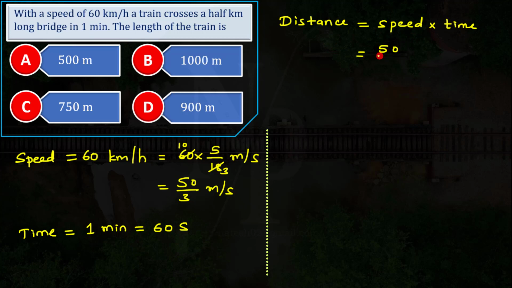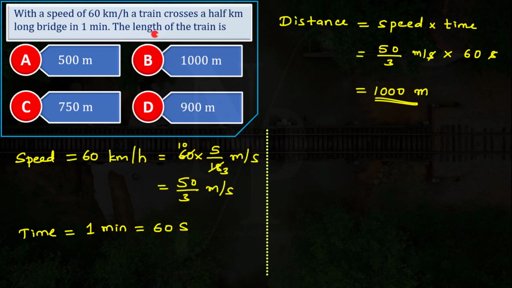Speed is 50 by 3 meter per second into time is 60 seconds. Dividing 60 by 3, I get 20, and 20 into 50 is 1000 meters. So distance is 1000 meters, which is the total distance traveled by the train in 1 minute.